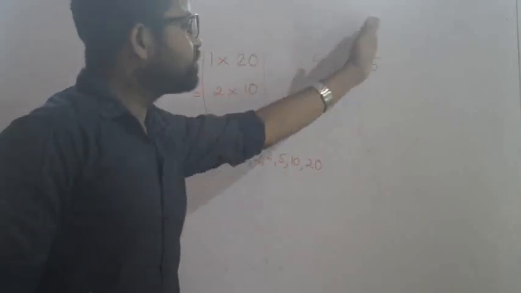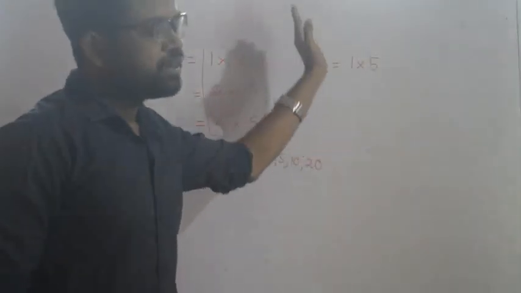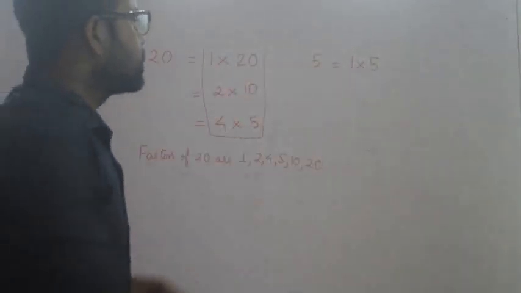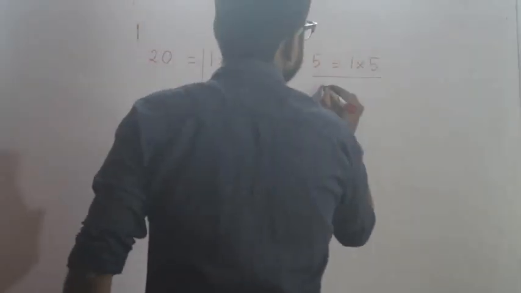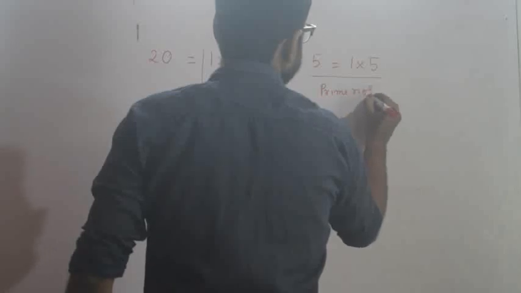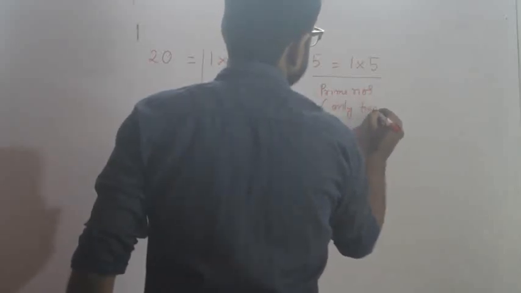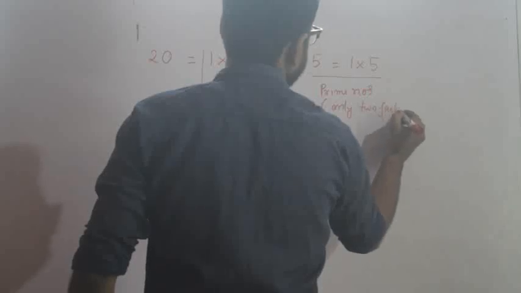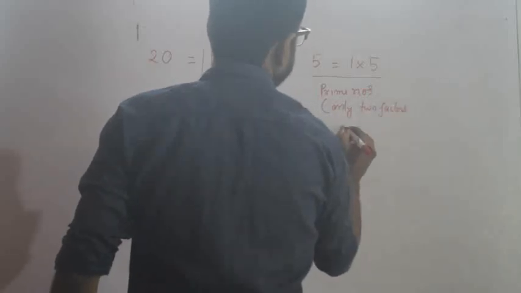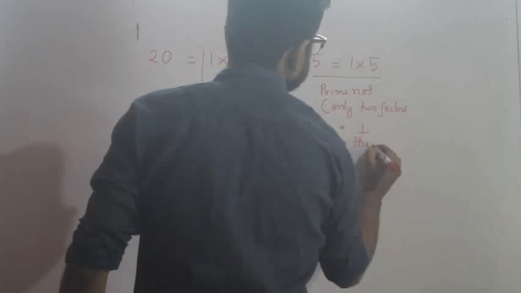So when you have only two factors, 1 and the number itself, those numbers are called prime numbers. So prime numbers have only two factors, the number 1 and the number itself.